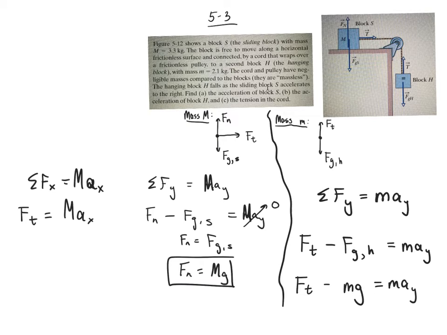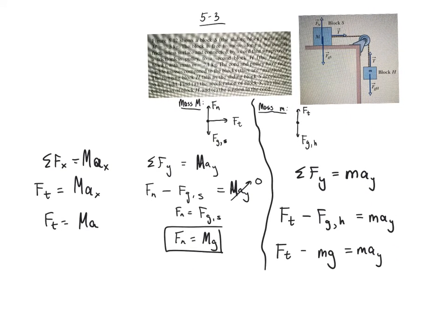So if the value of this is, say, 3 meters per second squared, this value must be negative 3 meters per second squared because it's accelerating downward. So instead of using a_x and a_y, we say what Emily said and call them both a, but for the one that's moving up and down, we call it negative a.